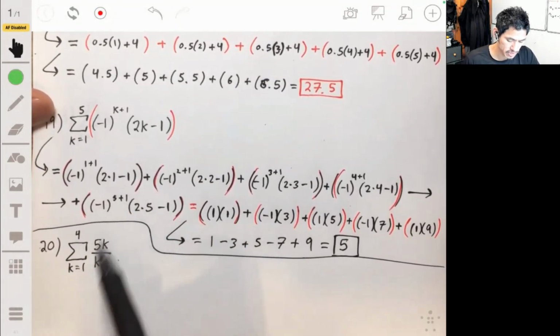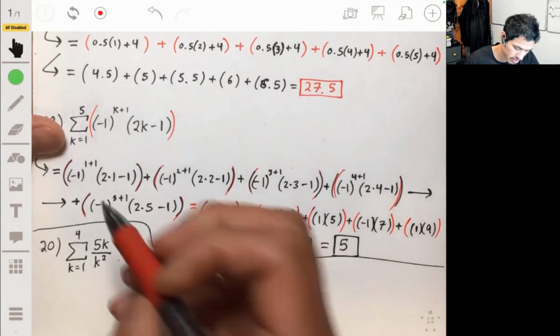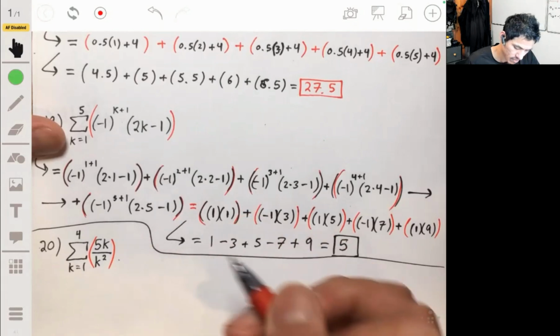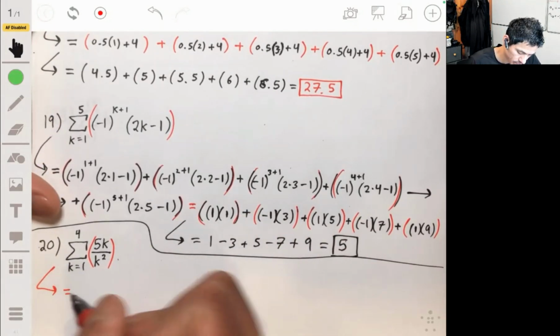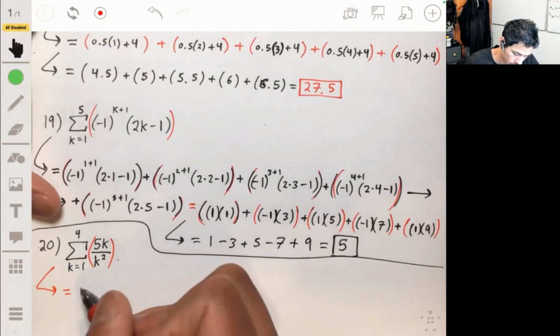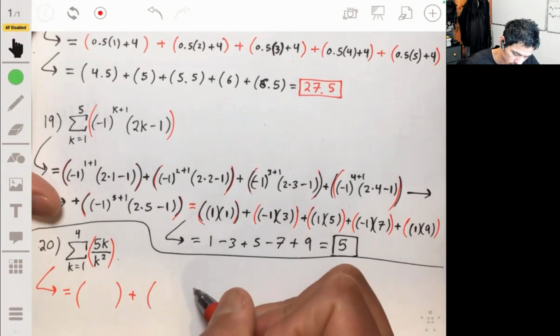And for the last one, we just have to add the first 4 terms, where we have each term given by this equation here. We're going to add up 4 terms.